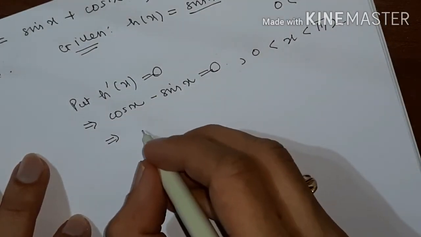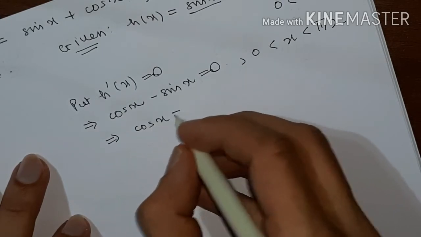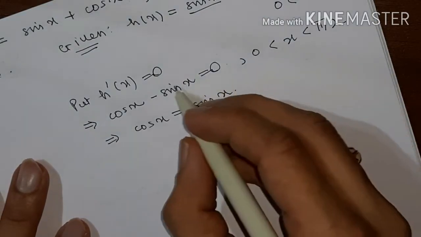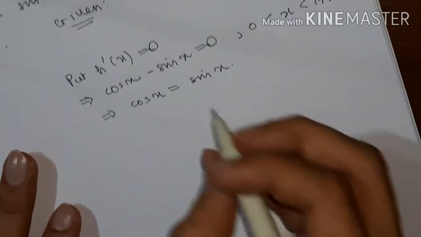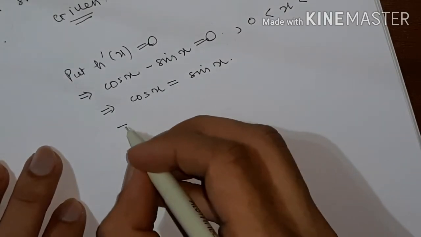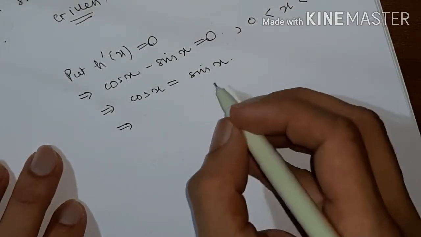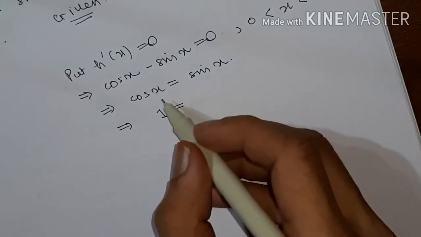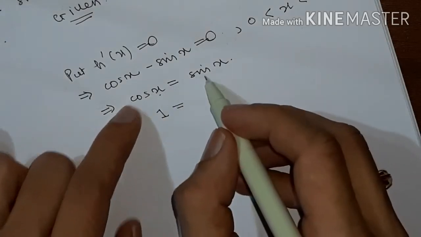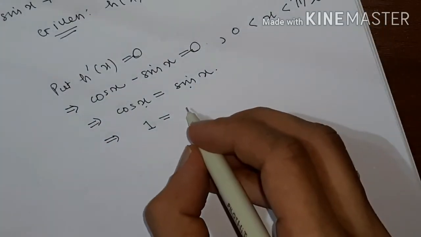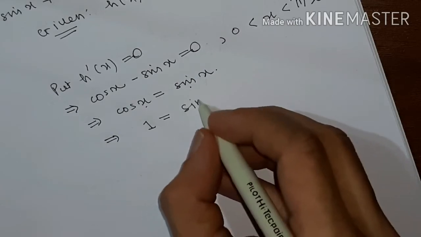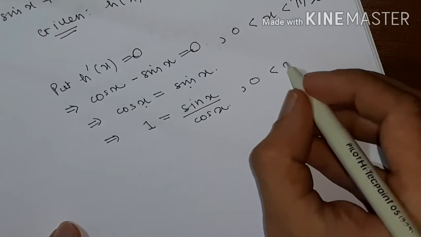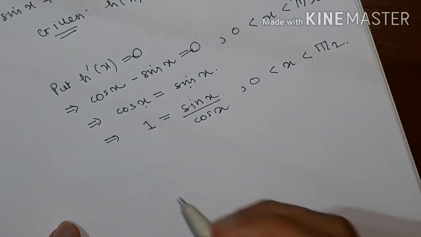Now from here what you will get? Cos x equal to sin x, if you take minus sin x on the other side. Now if you take cos x on the other side, you divide by cos x on both sides. So what you'll get is 1 equal to sin x divided by cos x, and 0 is less than x less than pi by 2.